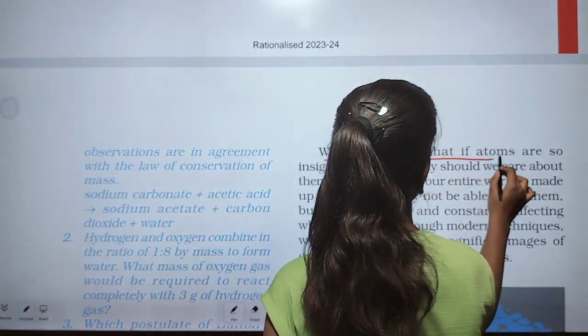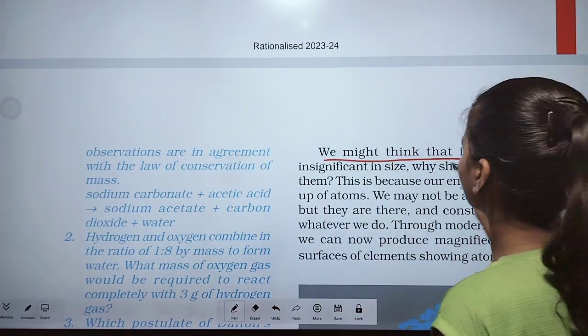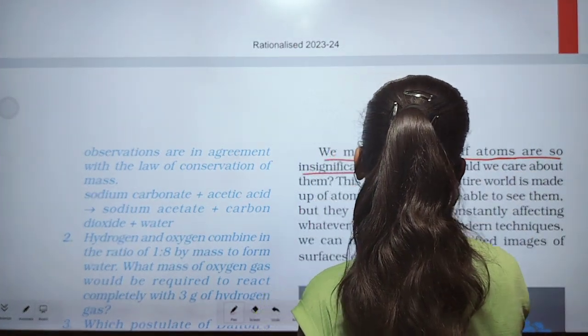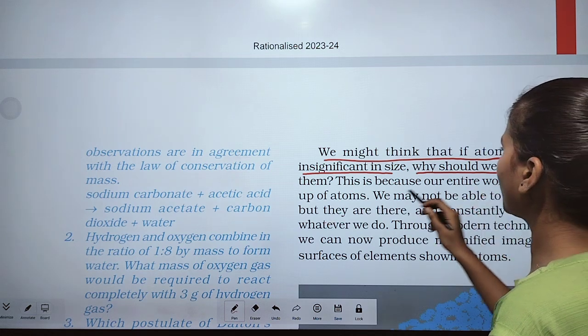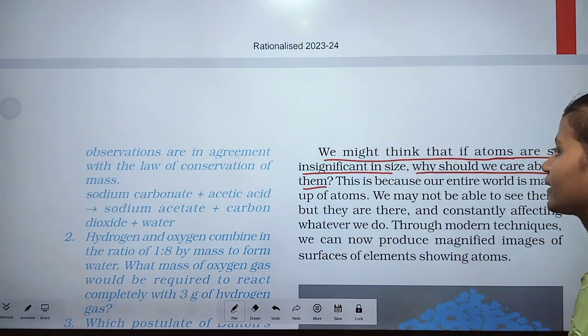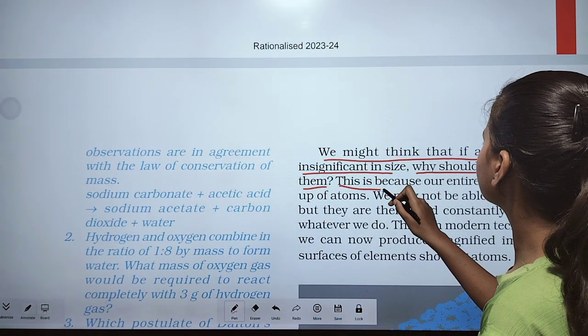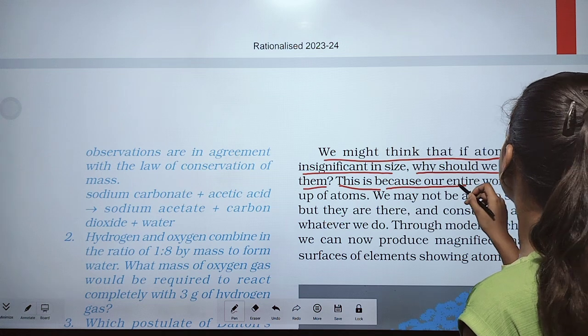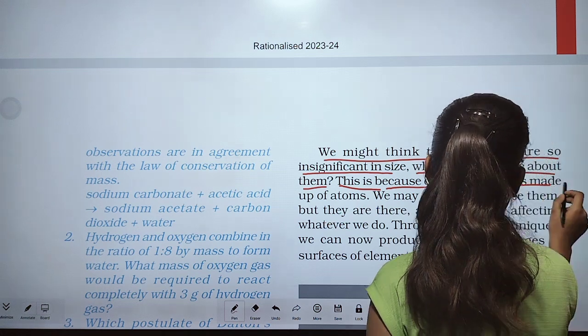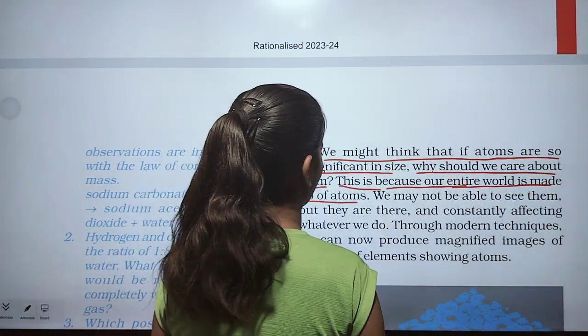We might think that if atoms are so insignificant in size, why should we care about them? This is because our entire world is made up of atoms.